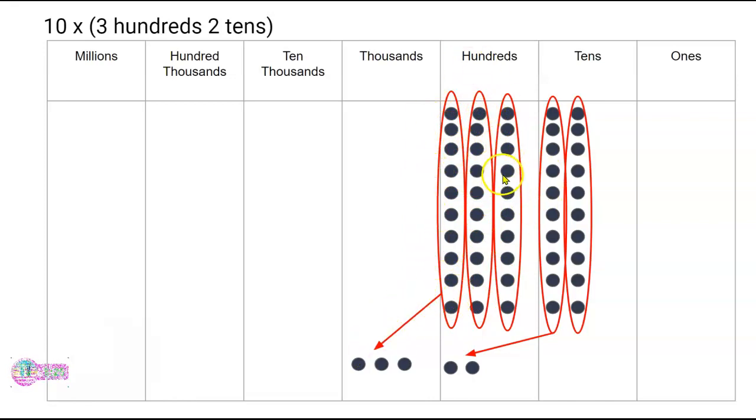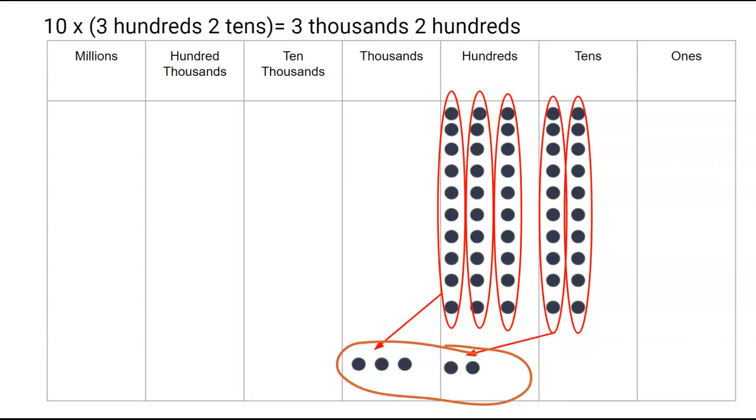So for every 10 hundreds, I now get 1,000. And for every 10 tens, I now get 100. So 10 times 3 hundreds 2 tens is equal to 3,200, as we see right here.